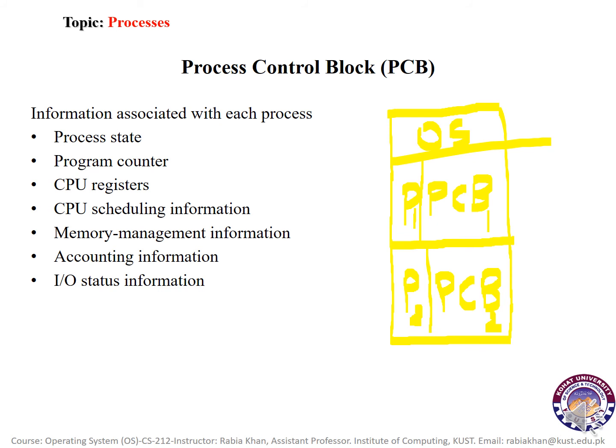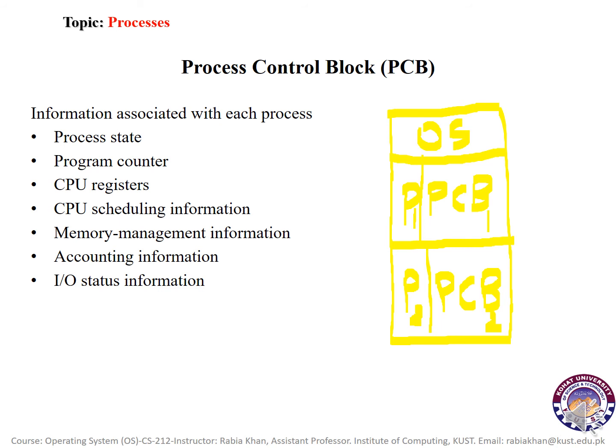Every process has different controlling information, so that is stored in their respective PCBs. So keep in mind, every process has its own respective PCB. Since the requirements or the controlling information of every process is different from other processes, it is important to have a block for every process that contains its controlling information.